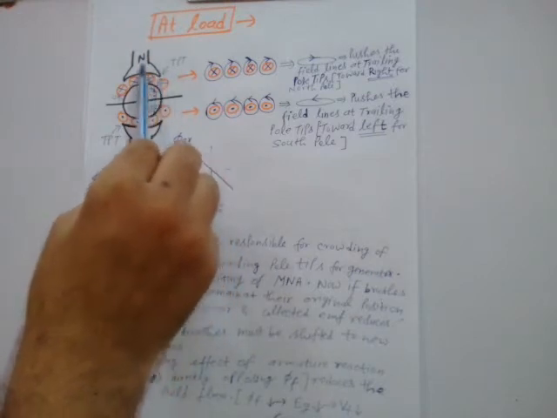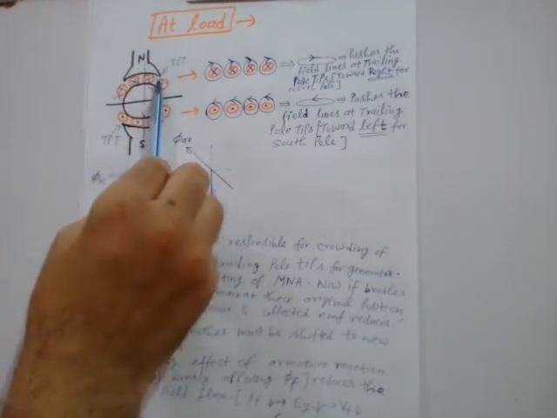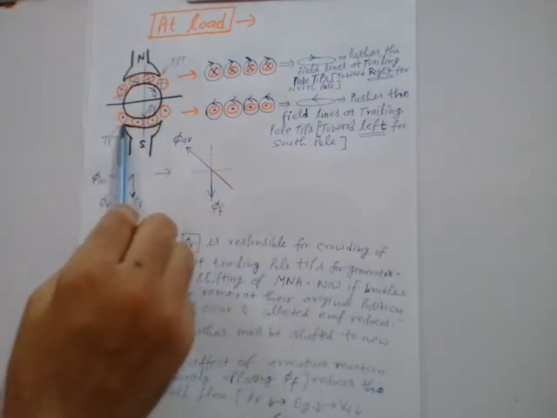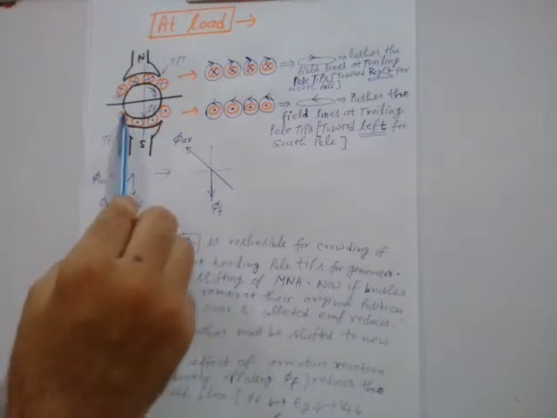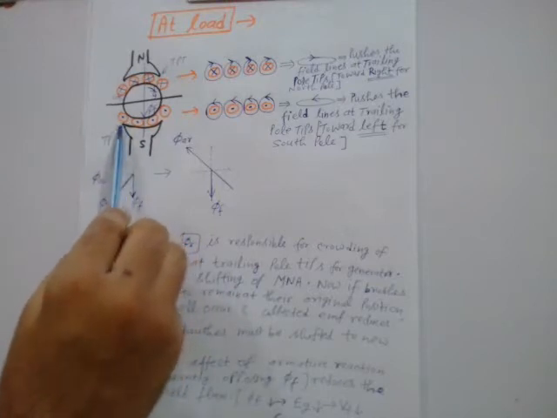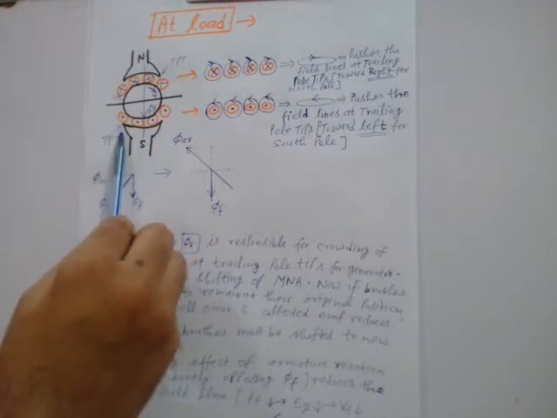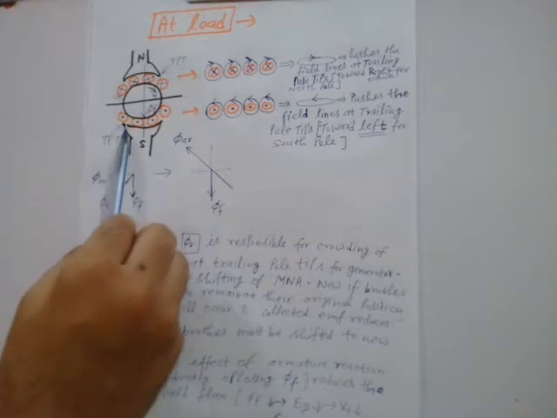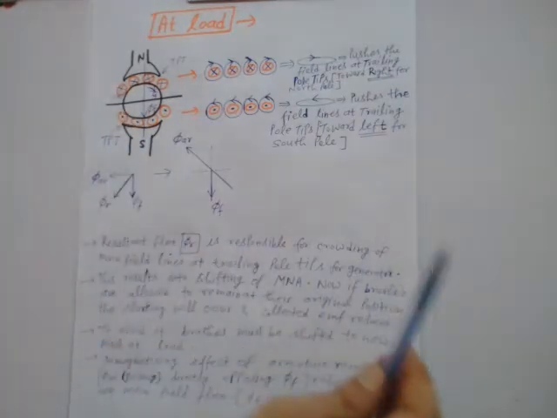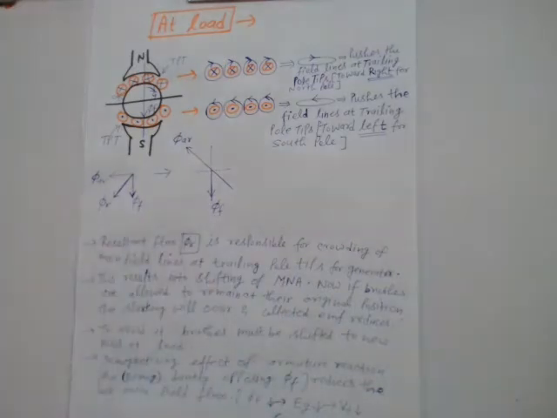The trailing pole tip for north is basically the right end of the pole, extreme right, and due to these dots, the main field lines will be pushed towards this trailing pole tip of the south pole, which is the leftmost point of this south pole. So that is shown in this diagram.